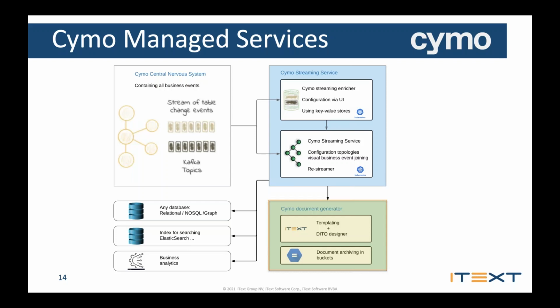So the Cymo platform lets you combine information from different systems and gives you the trigger and the data to generate that PDF. The times that we need to wait for a batch job at 7 a.m. that will push out order confirmations of the past 24 hours, that day is in the past for most businesses.